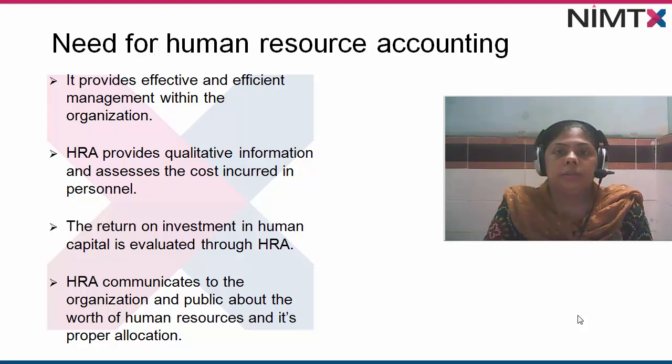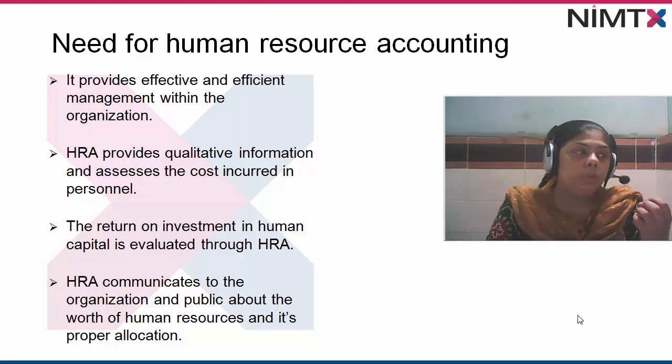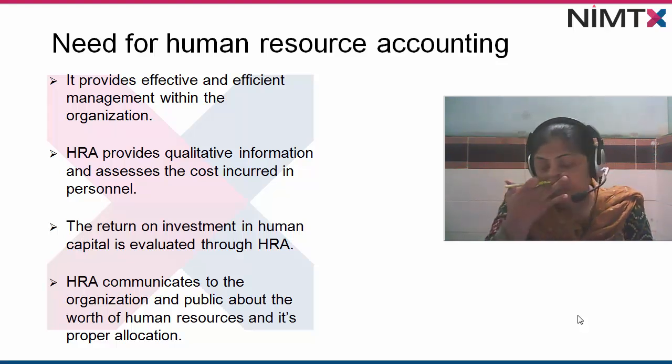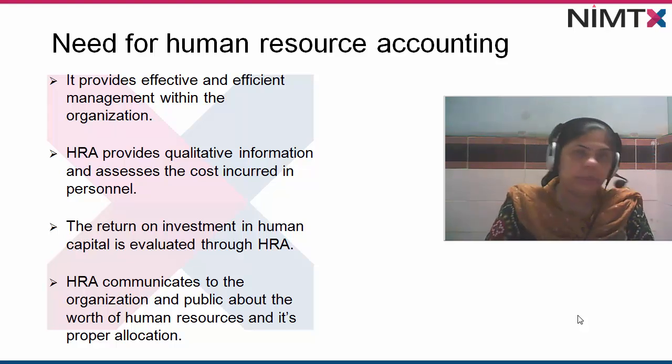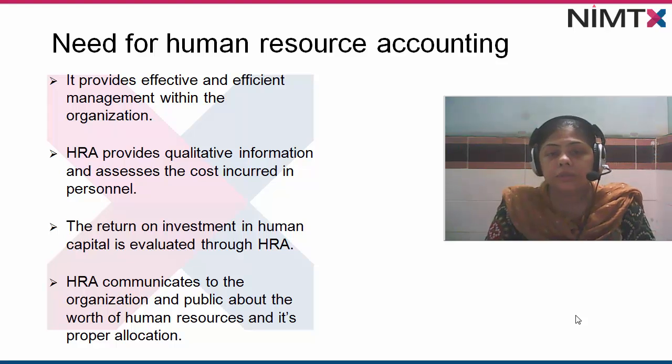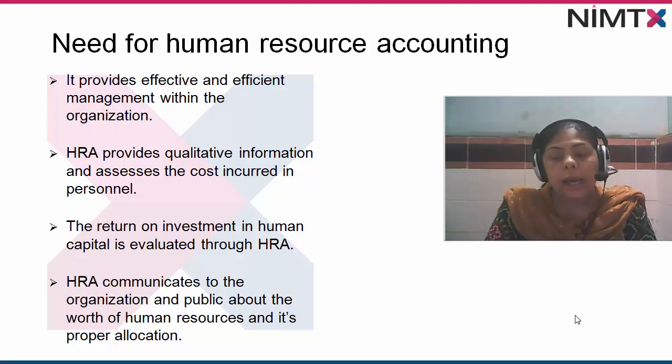It provides a cost, how much you have incurred on one particular employee, as well as all the employees, and what returns that would give you in future. It would not necessarily give you returns in the present. You employ a person, and today itself it will give you, no, it will not. It will give you returns in the future. The return on investment in human capital is evaluated through HRA. How much have you invested in human resources, and how much returns do you get?